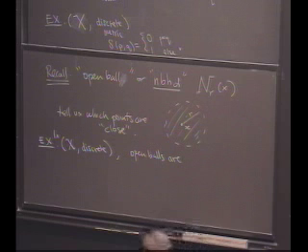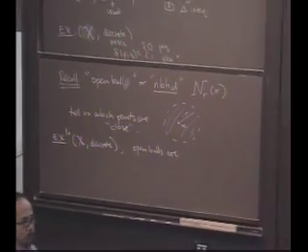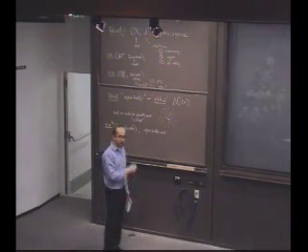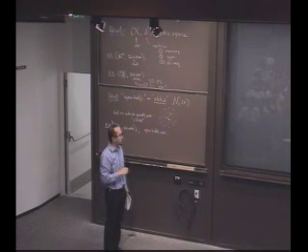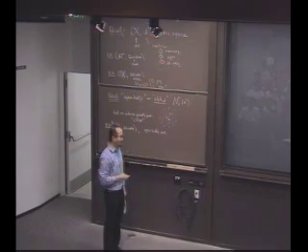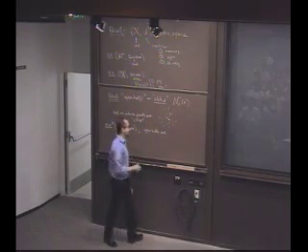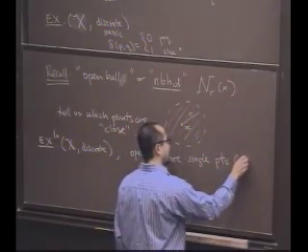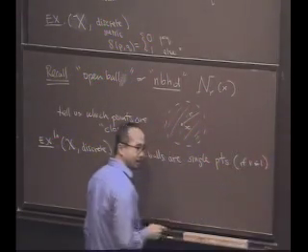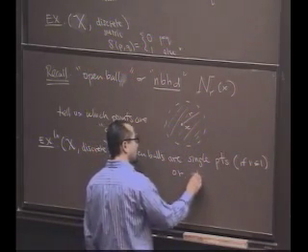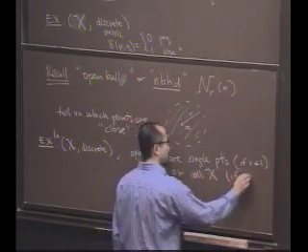It'll be all the points if the radius of the ball is bigger than 1. And if it's 1 or smaller, then the ball is going to be just single points. That's correct. Single points if r is less than or equal to 1, or all of x if r is bigger than 1.